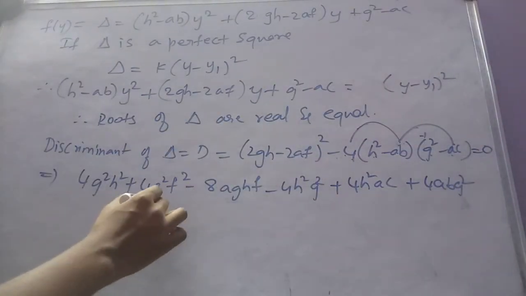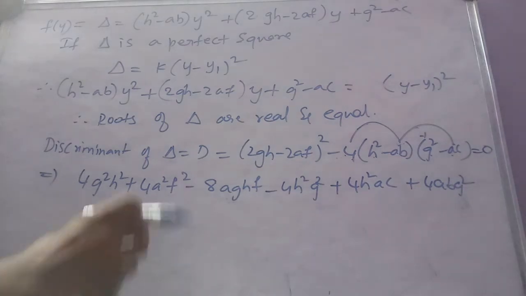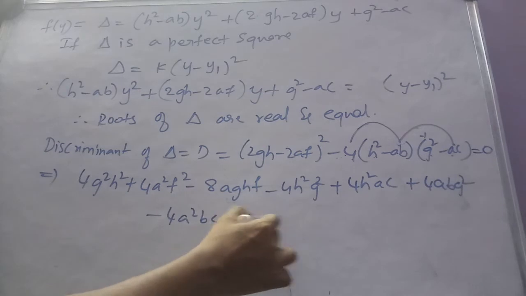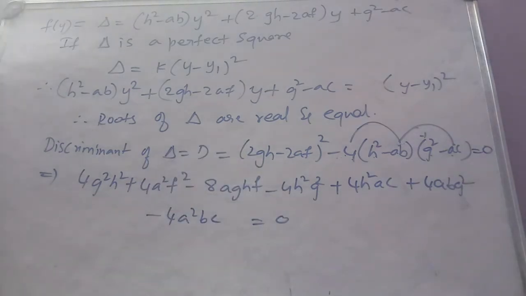So we will get minus 4a square bc is equal to 0. So this is what I get.